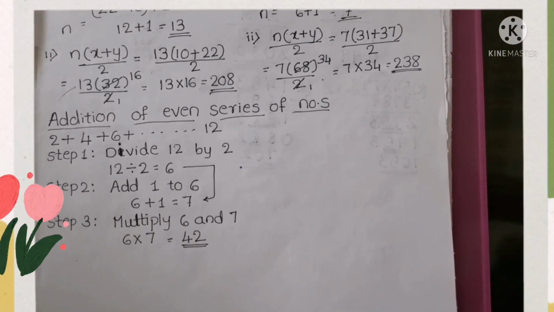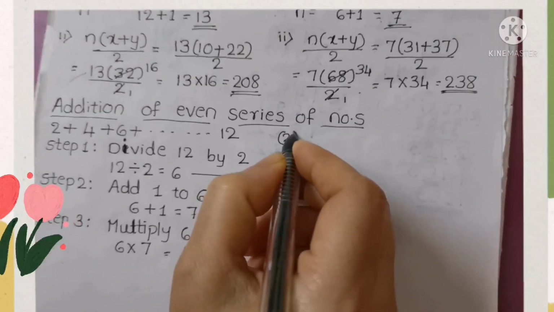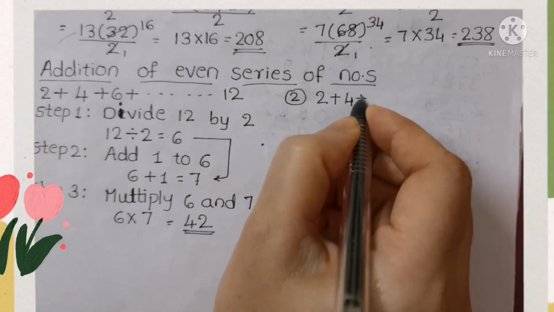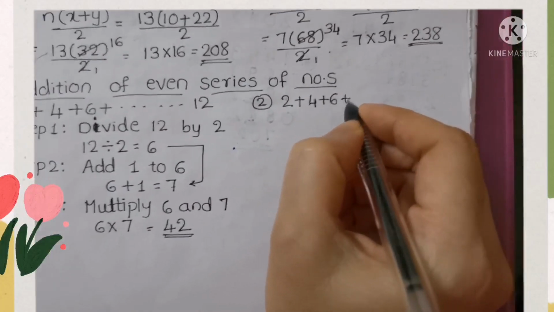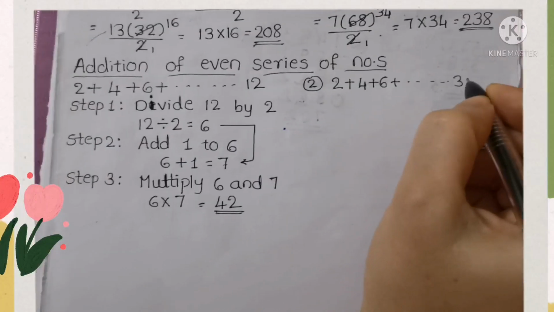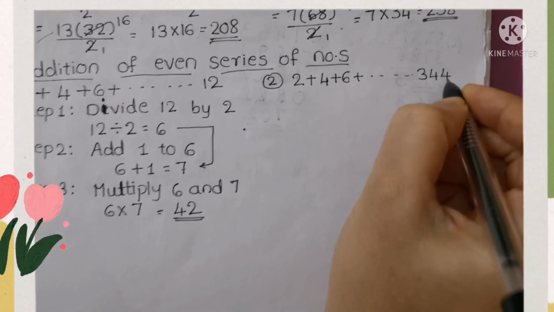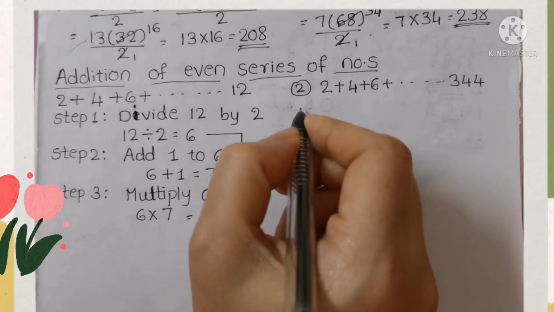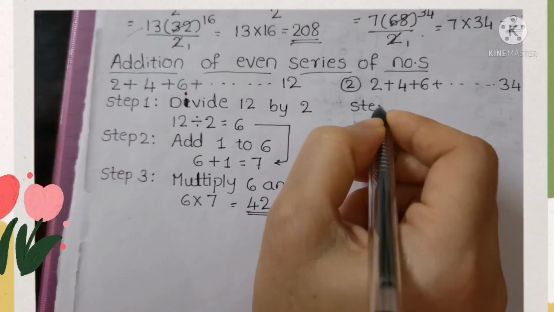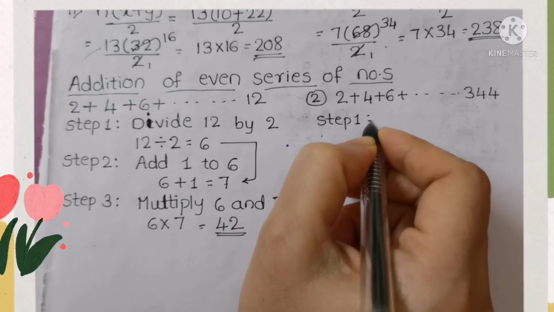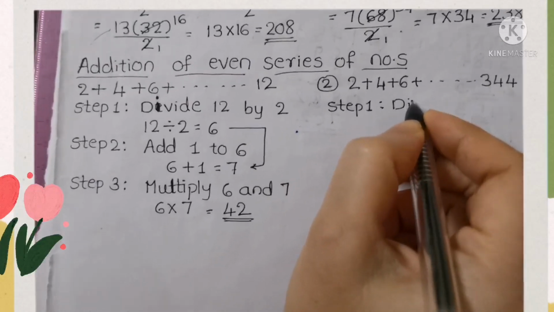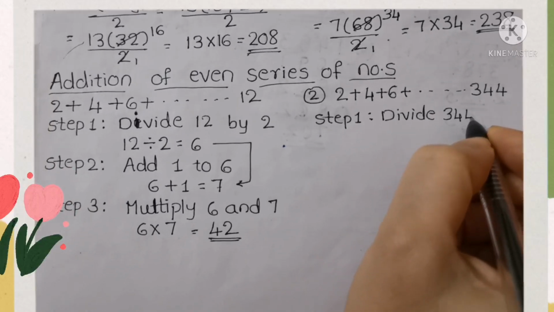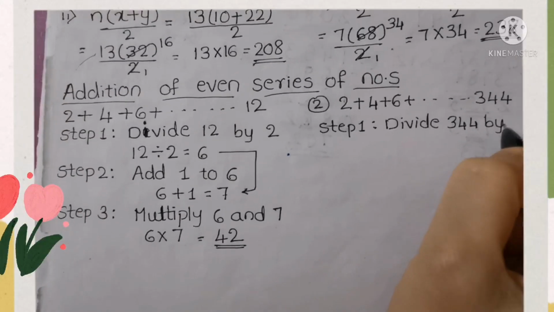So let's take one more example. Our next example is 2 plus 4 plus 6 and so on till 344. So we will start with the first step. In step 1, we have to divide 344, which is our last number, by 2.